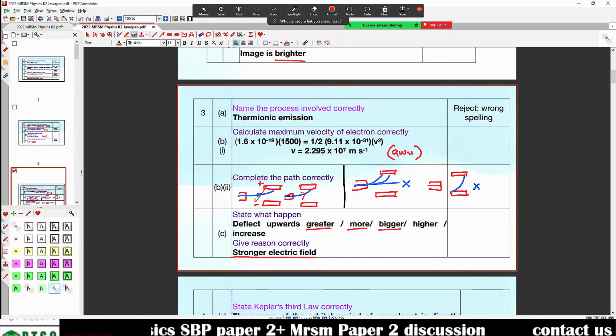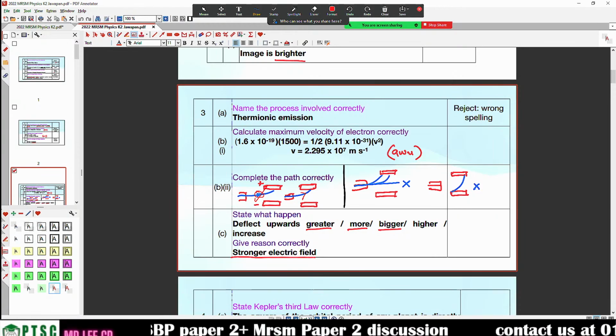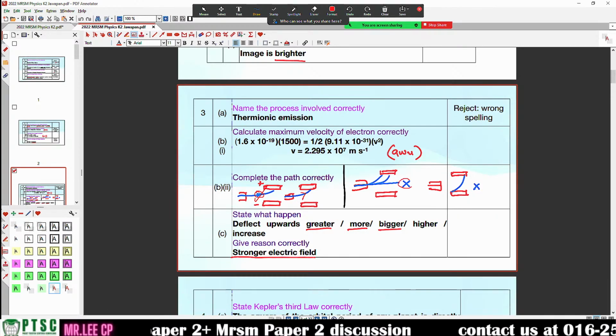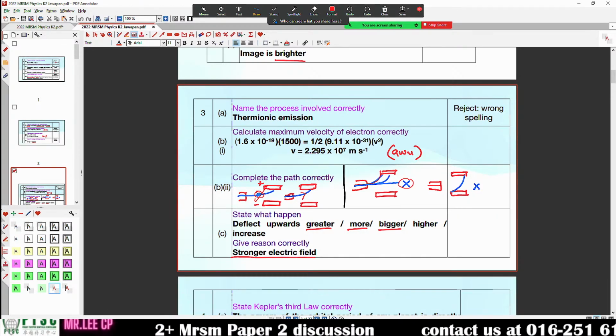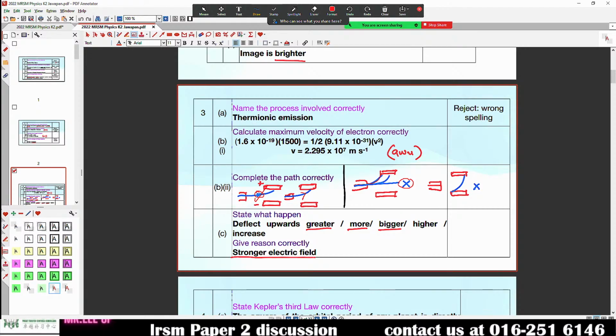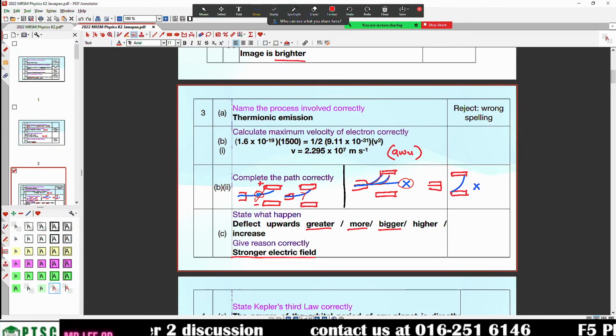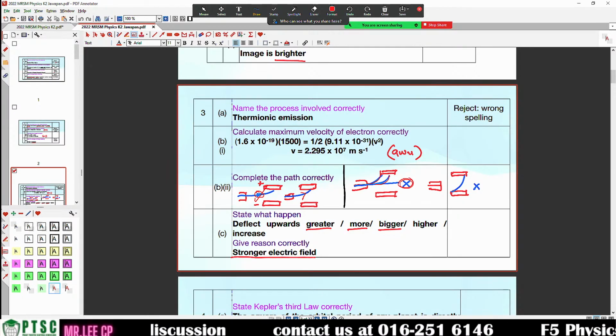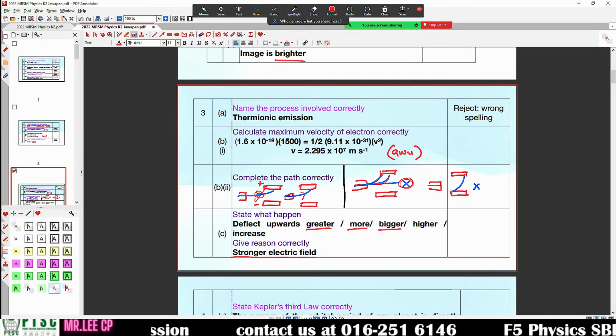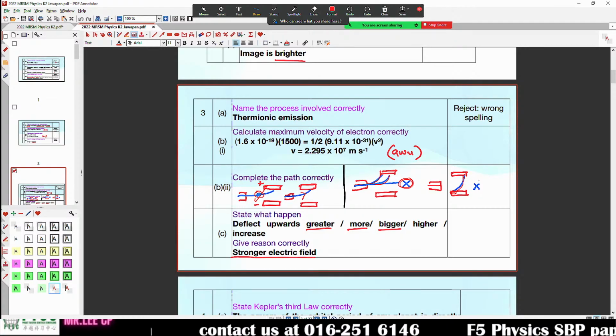No deflection, not correct. Go straight, salah. This one correct, this one correct, this one salah. And this one like that, from the negative to the positive, salah.